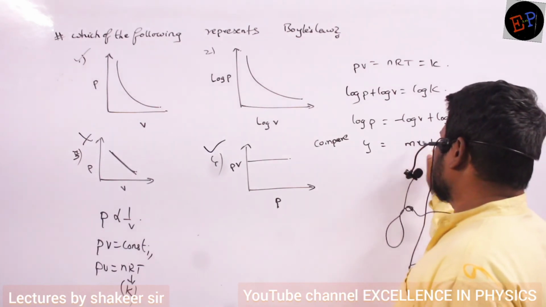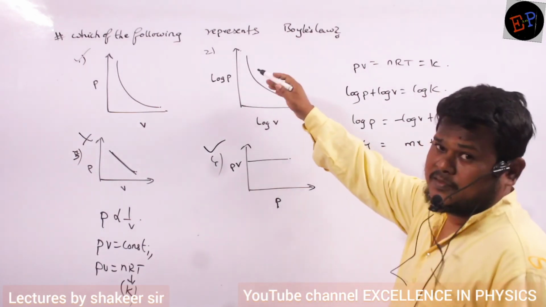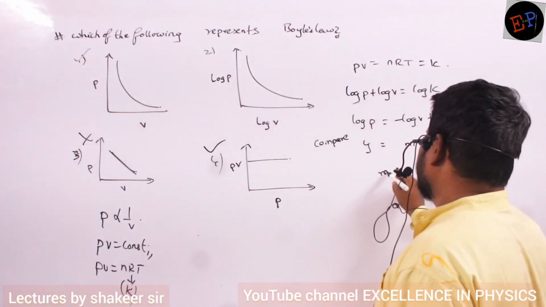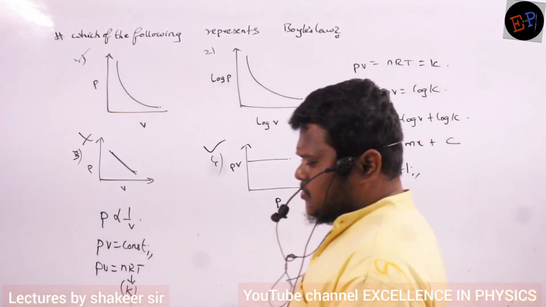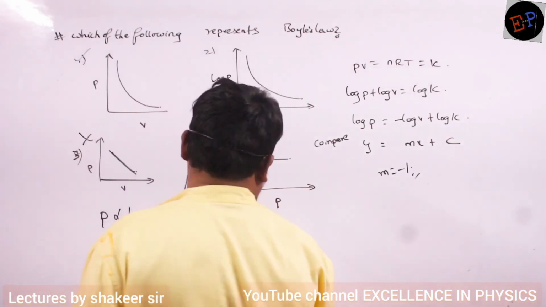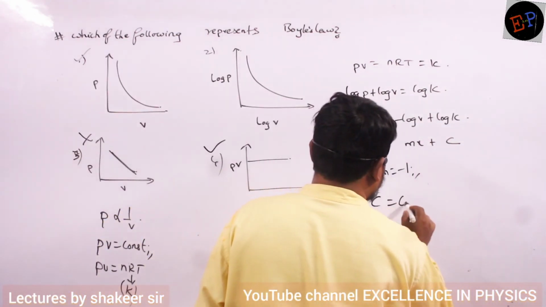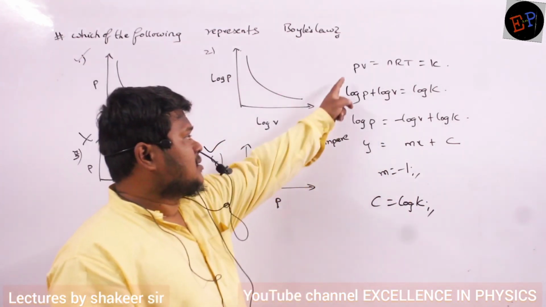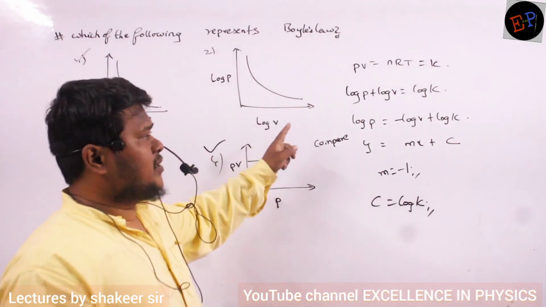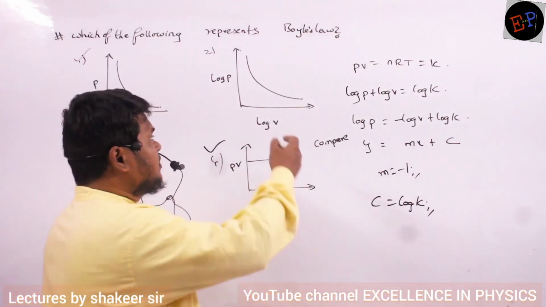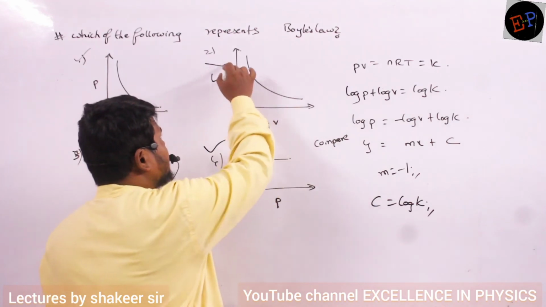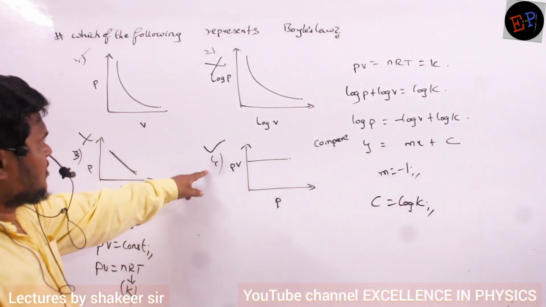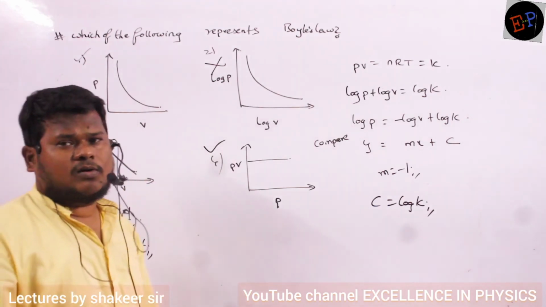So log P we are taking on the y-axis, and log V we are taking on the x-axis. Therefore m is equal to minus 1. So the slope of this graph is minus 1. And what is the y-intercept? The y-intercept is equal to log K. So this should be the possible graph. It means this graph of log P and log V should be a straight line. But here a straight line is not given. So therefore this graph is not correct. So first graph and fourth graph are correct. Second one and third one are wrong.